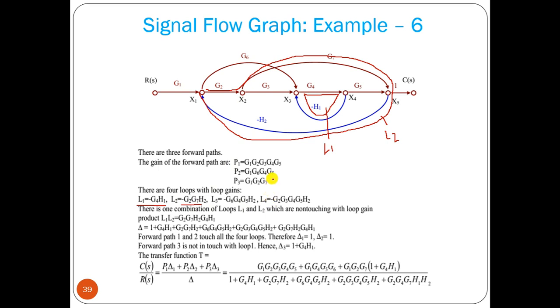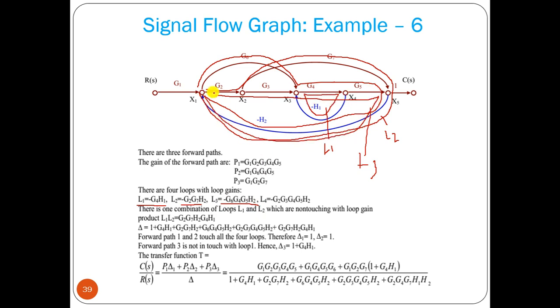Then starting from this node, G6, G4, G5, then through this way reach here. That is your L3: G6, G4, G5 into minus H2. And L4 can be a bigger loop here: G2, G3, G4, G5 and minus H2. That is your L4.